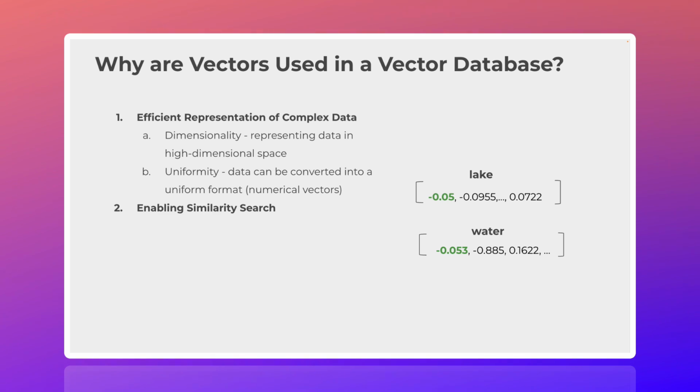It also enables us to perform similarity search, as I explained earlier, and to leverage machine learning models, because the whole point of having vector databases is to interface with machine learning models, large language models, and so forth.